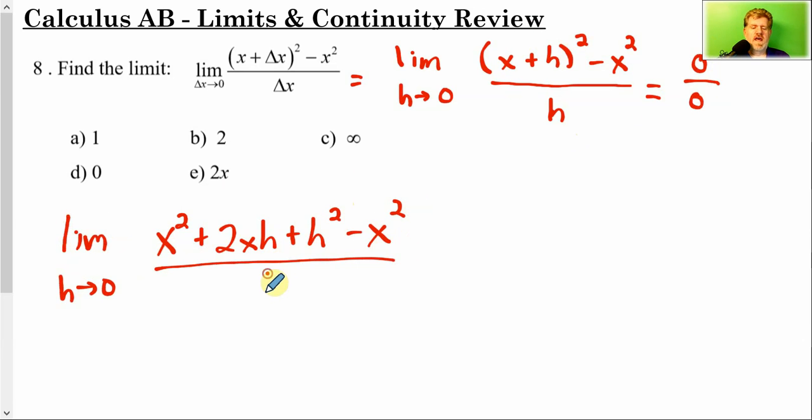Now this will happen every time you have to do something algebraic with a 0 over 0: something will cancel out because it has to. x squared minus x squared is 0. It's gone. What I have left has an h term in it. So I'm going to factor out that h.